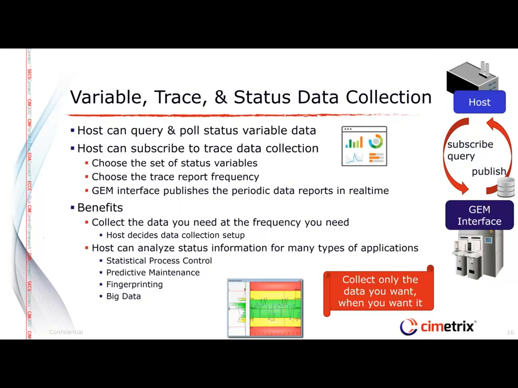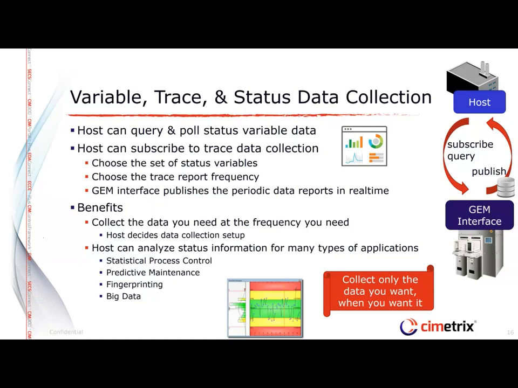For status information, there's a number of ways the host can collect data. And generally that's done through what's called trace data collection, where the host will choose a set of status information that they want to constantly poll, and they'll tell the equipment what set of data that is, and they'll tell the equipment a reporting frequency, and then the equipment will publish the data on a periodic basis in real time.